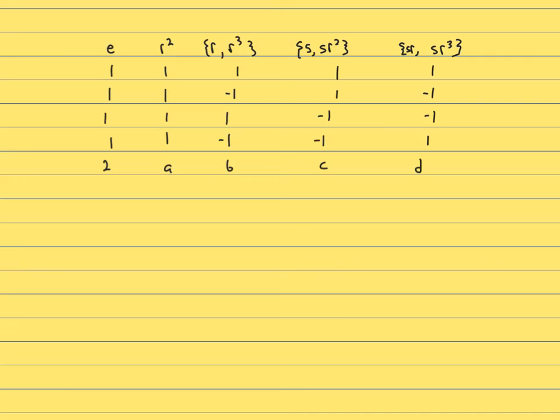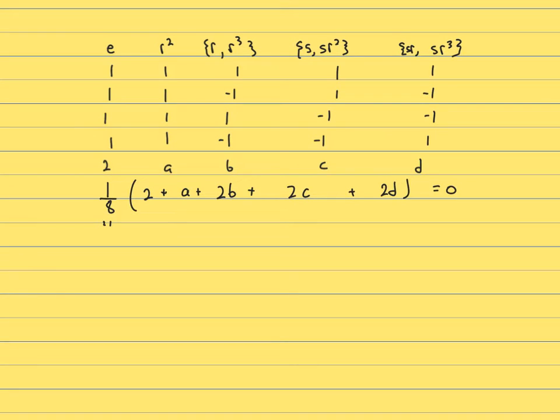So if we take the inner product of the first row and the last row, dividing through by the order of the group, which is 8, we're going to have 2 times 1 plus a times 1 plus b times 1, but there's 2 copies of this term because there's 2 group elements here. There's 2 group elements here, so there's 2 copies of this term as well, so 2c and 2d. That has to be equal to 0.